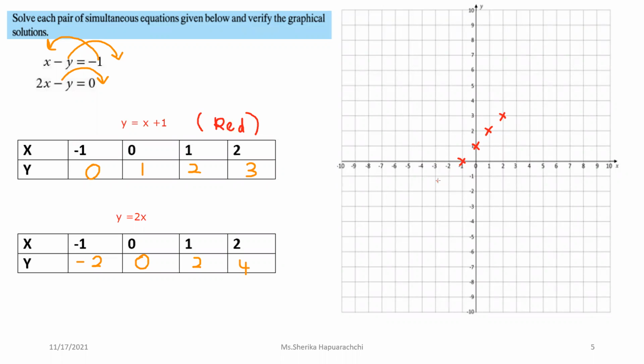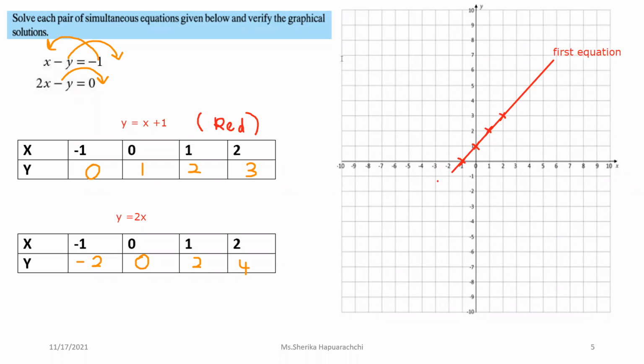Wait, let me take it correctly. Right, this is how I'm getting. This is my first equation.